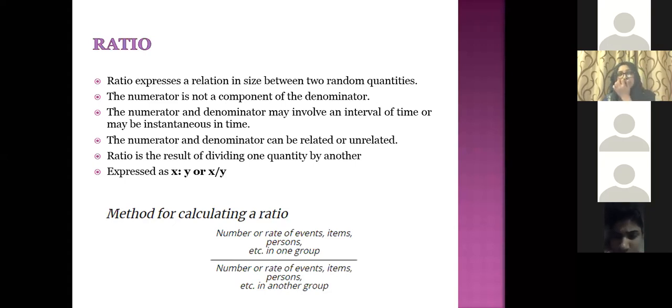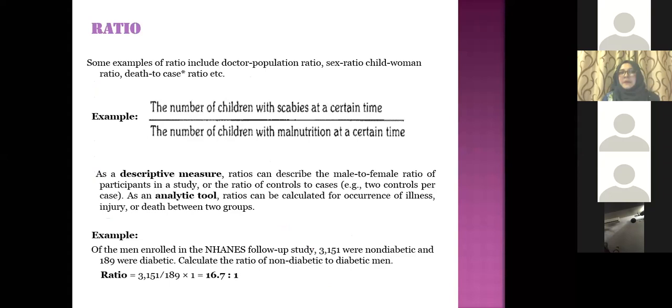So you're going to divide two quantities by each other when you're taking the ratio. The important point is that the numerator and denominator may or may not be related to each other, and it's okay if they are unrelated. Some examples of ratio include the doctor population ratio, sex ratio, child women ratio, and death to case ratio.